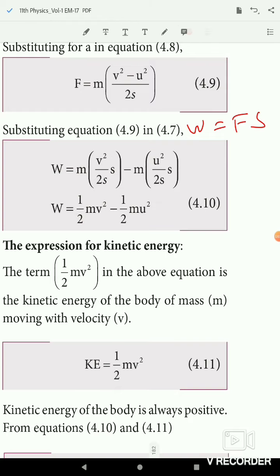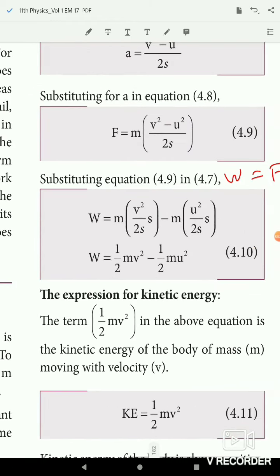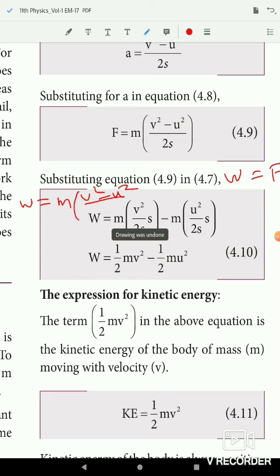So W equal to m into (v square minus u square) by 2s, into s. Expand this equation: m into v square into s by 2s, minus m u square into s by 2s. The s's cancel, and you get half m v square minus half m u square.